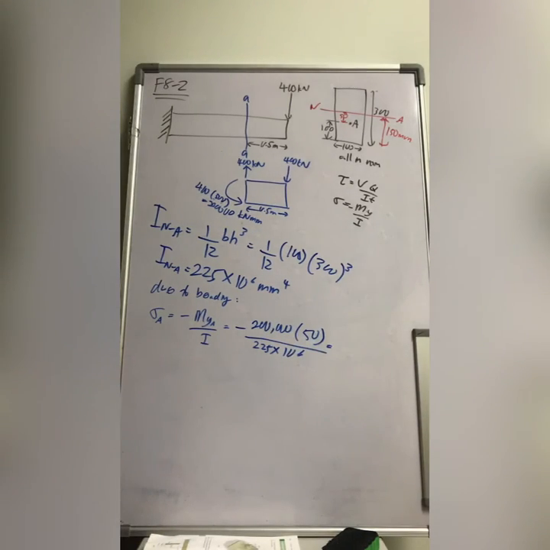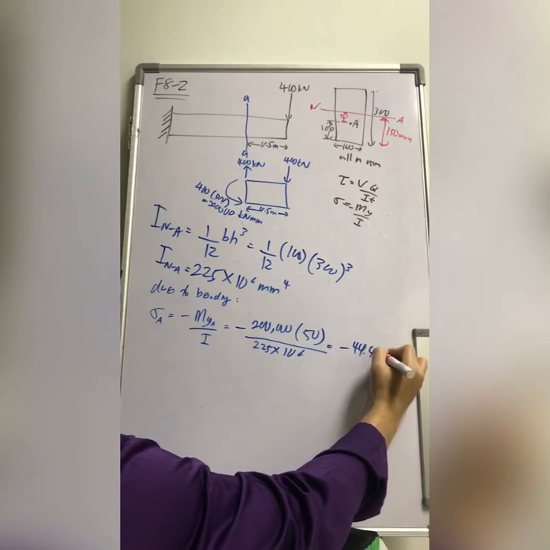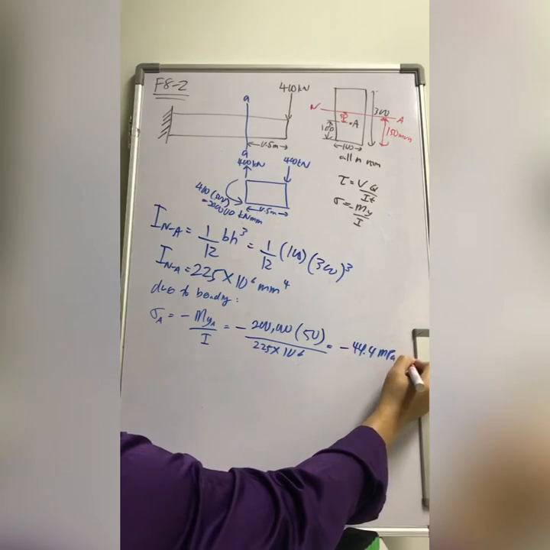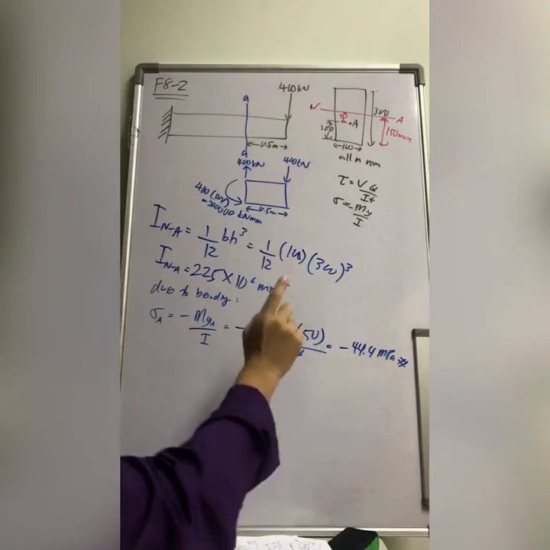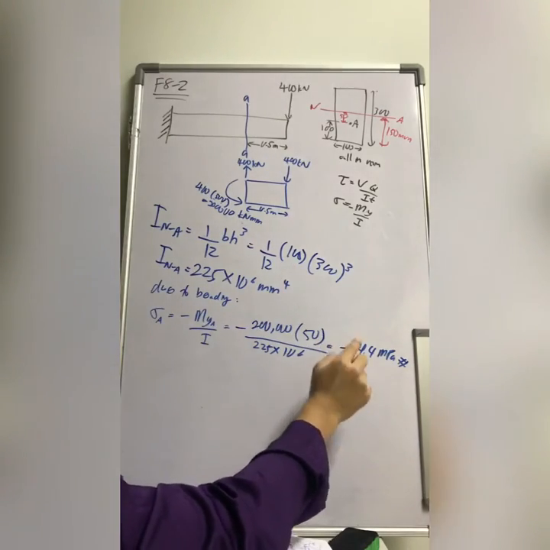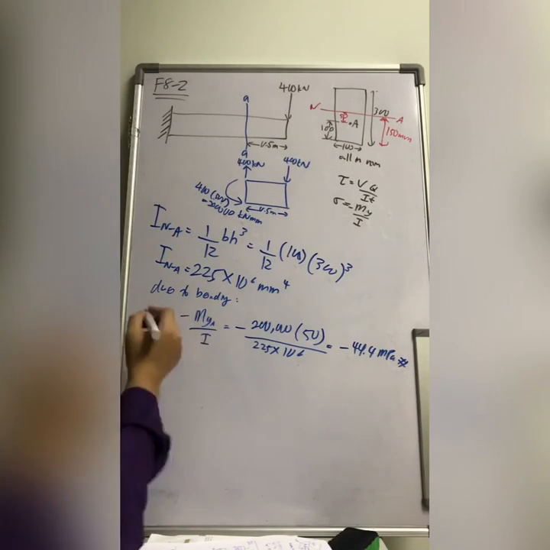Then you hit the calculator and you get minus 44.4 megapascal. The calculator gives 0.0444, which is in gigapascal, so I convert it to megapascal.